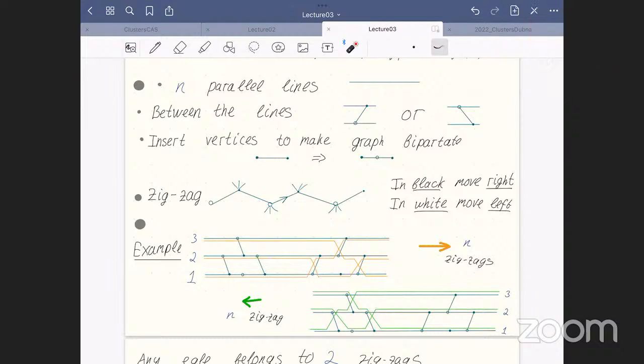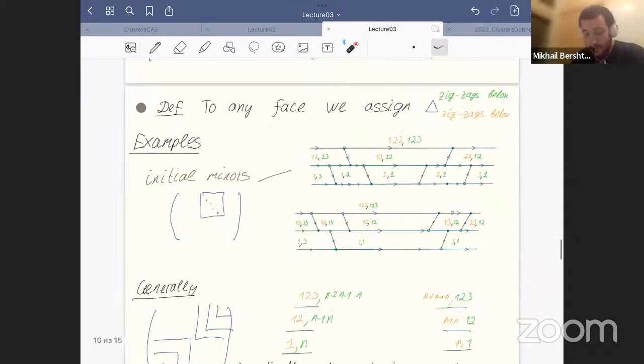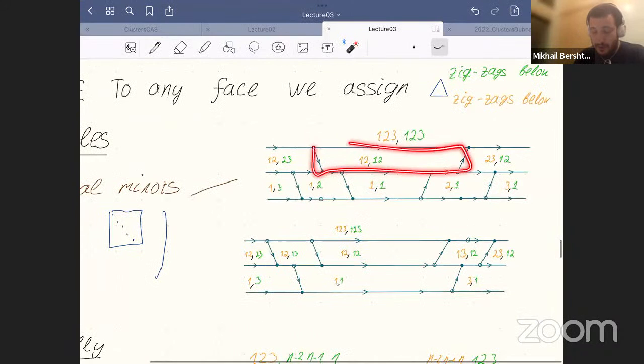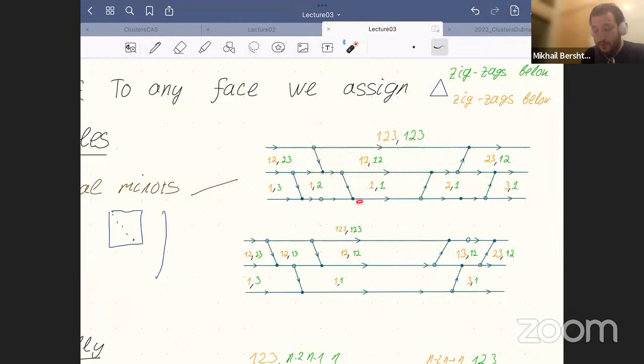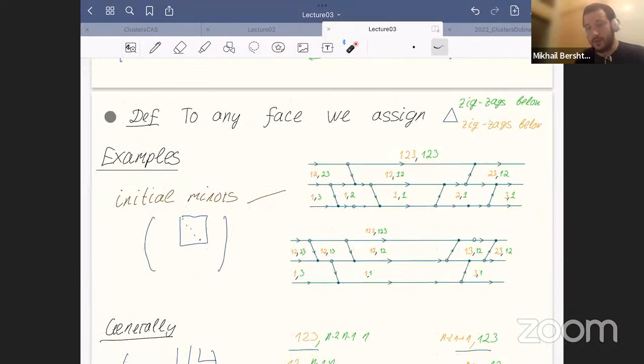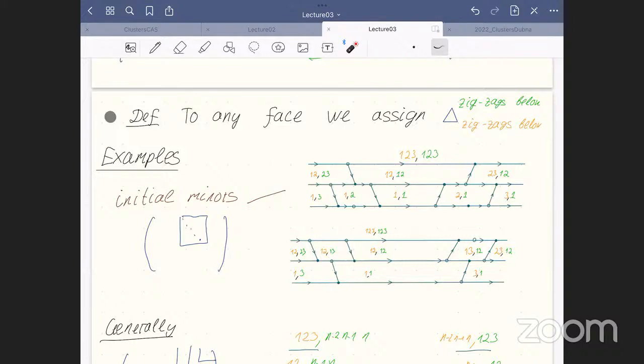So we can have more than one. I mean, if you look at the face, you can count the horizontal edges below it, the number of lines below it, and this will be the size of the corresponding minor. So it can be more than one orange zigzag.